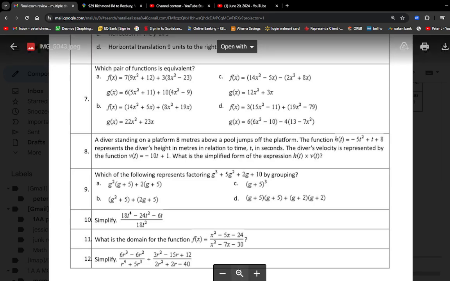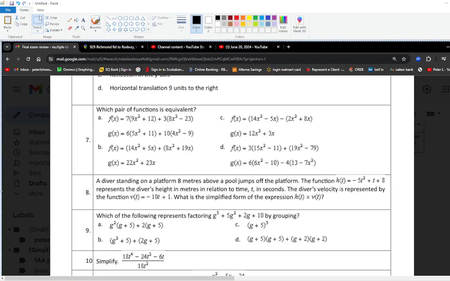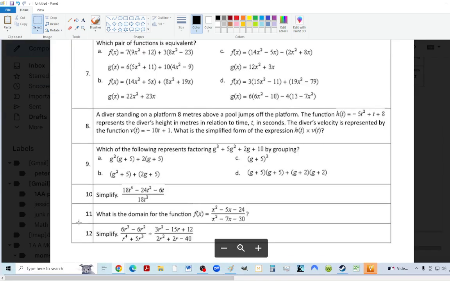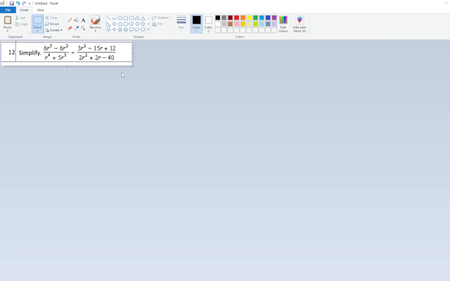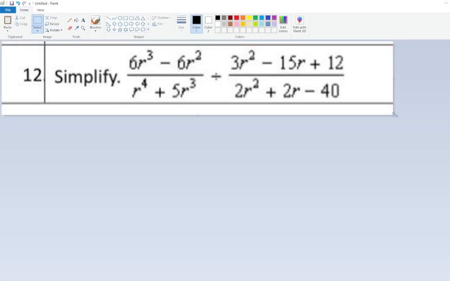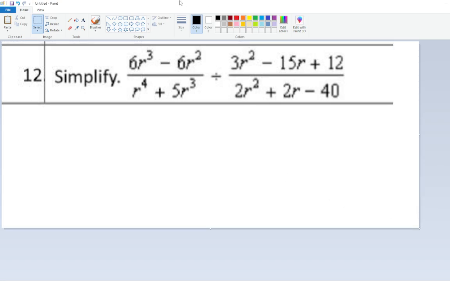Now notice that there's a division here. So the problem with this one is when you're dividing two fractions, you have to flip the second fraction and change to multiply. And we have to factor really before we do that to find restrictions. Up top, we can see that there's a 6 in common and R squared in common.